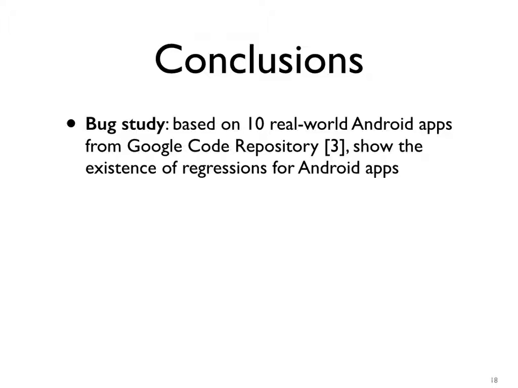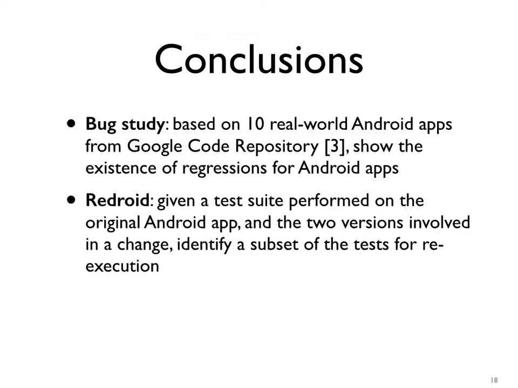To conclude, we presented a bug study based on 10 real-world Android apps from Google Code Repository. This study showed that regressions exist for Android apps during evolution. Motivated by the study, we introduced Redroid, a new approach to regression test selection for Android apps.